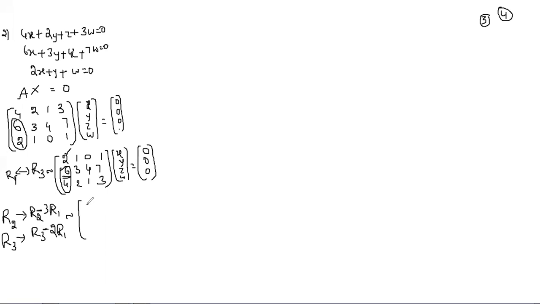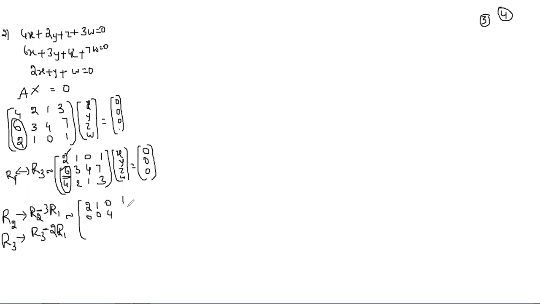So R1 we didn't apply any changes: 2, 1, 0, 1. And coming to R2, 6 minus 6 is nothing but 0. And next, R2 is 3 and here we are multiplying with 3, 3 minus 3, what are we getting? 0. Next one, R2 is 4 and there it is having 0, so 4.